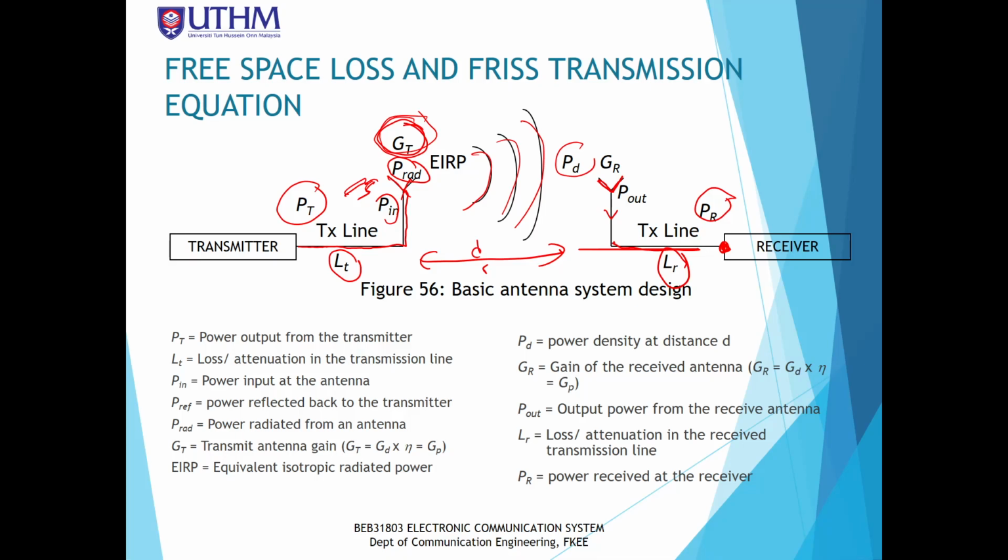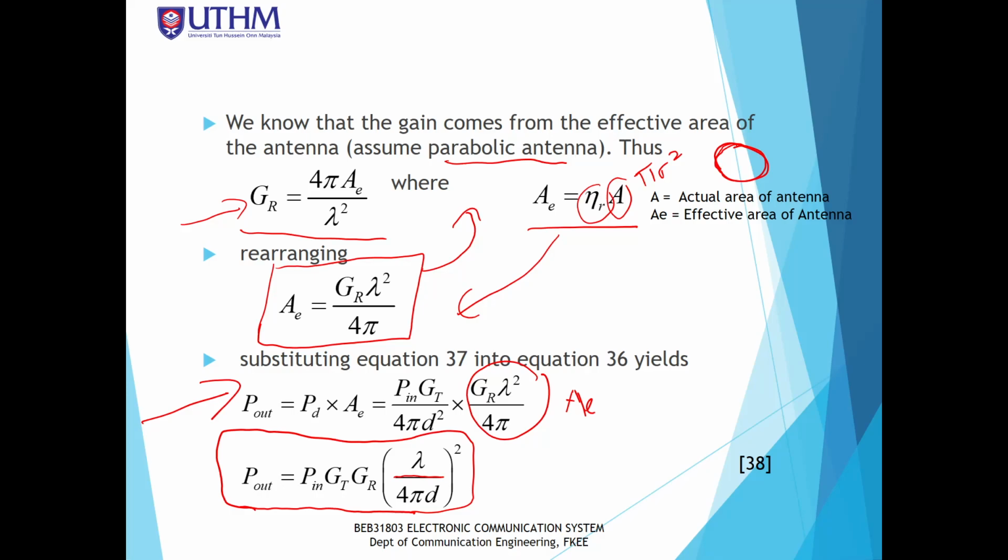So we get this P out. Ini belum PR lagi because later we need to subtract the losses over here. Okay, so now we get the P out. P out equal to P in multiplied GT multiplied GR multiplied with lambda over 4 pi d square.